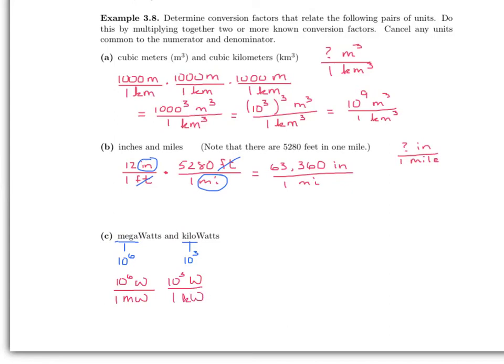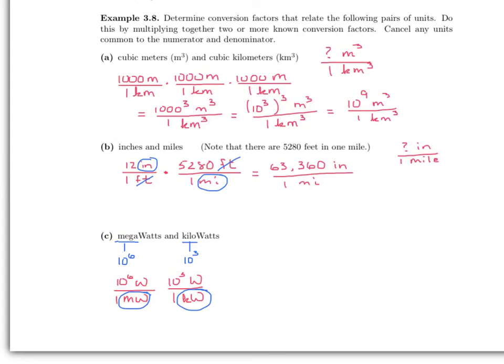So these are 2 conversion factors that we do know. We need to find a conversion factor that relates this unit to this unit. So we ultimately do not need to have the unit of watts present in our conversion factor. We just need these units.